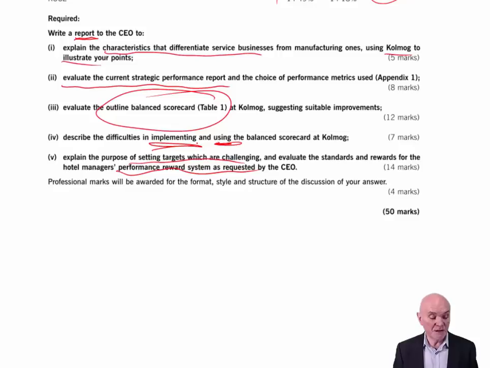We need to train managers in how to do this. We need to train managers to look behind some of these figures and to use them creatively. And when I say creatively, if somebody falls short of a measure, then you don't want to use that to beat them over the head with.